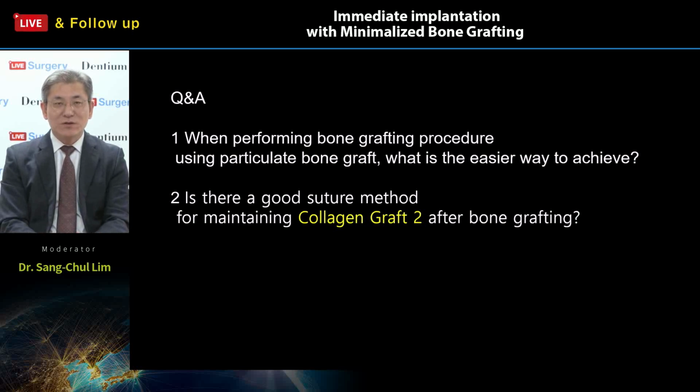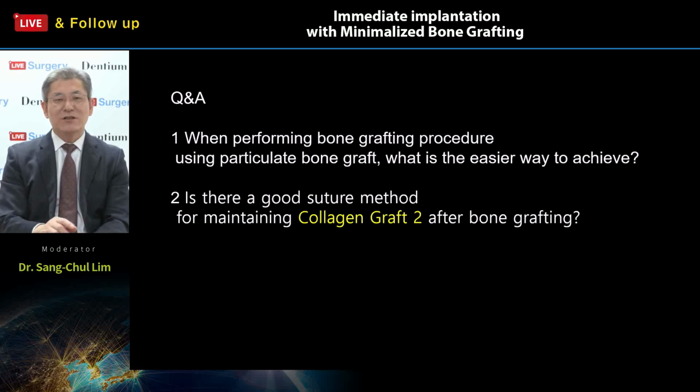Collagen graft 2 is a good option. After that, the internal cross suture is the best option. However, in an immediate implantation case, like today's case, the interrupted suture is also available and acceptable.